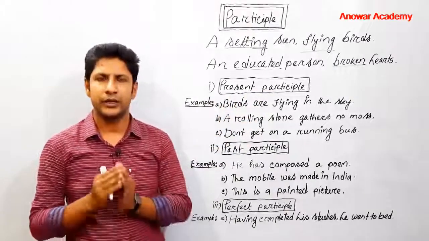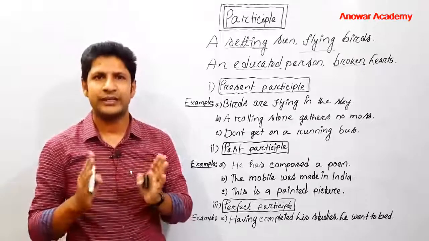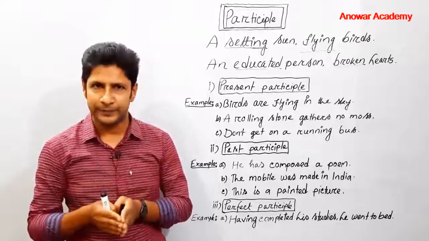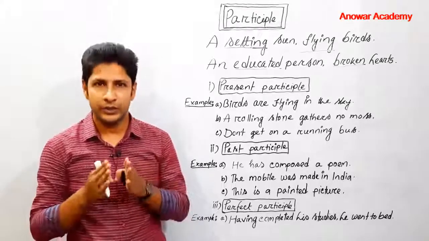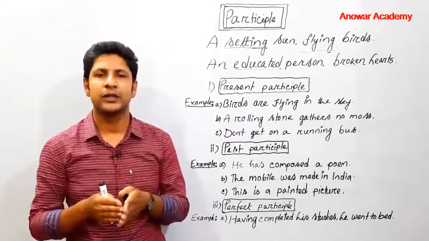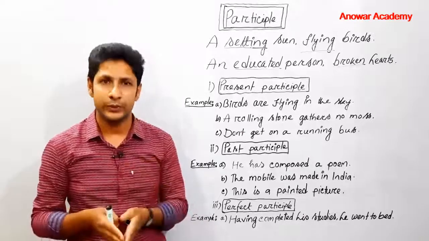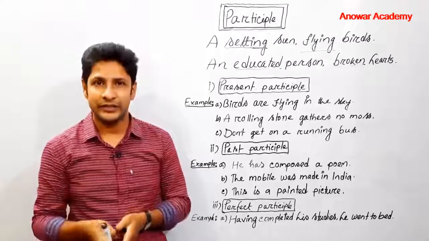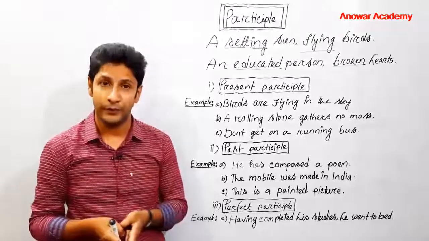Dear learners, you know present participle is the form of a verb that ends in ing. Present participle is used with the verb to be to make continuous tenses. Present participle is also used as an adjective if it is used before a noun.